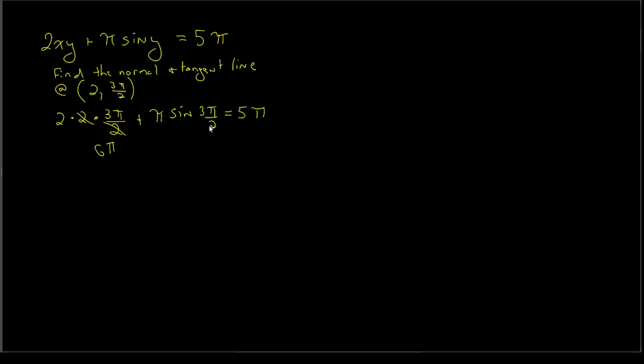And then sine of 3π/2 is negative 1, minus π, and that does equal 5π. So our point is on the curve.